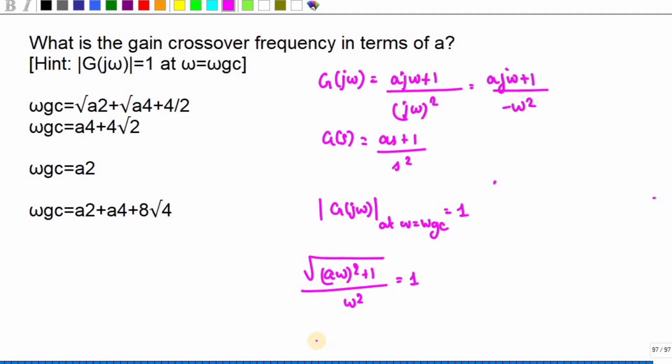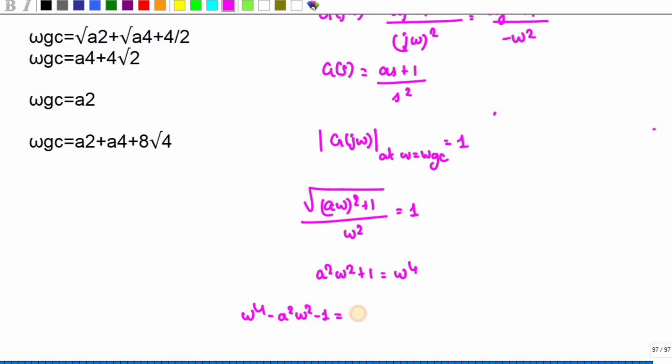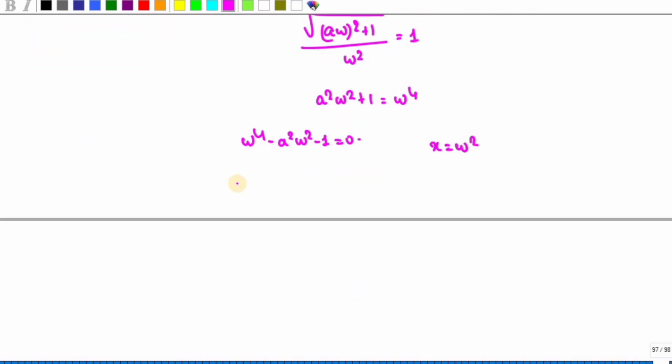So a²ω² + 1 is equal to ω⁴. So ω⁴ − a²ω² − 1 is equal to 0. If I take x equal to ω², I can write x² − a²x − 1 is equal to 0. So here is the formula, right? x is equal to minus b plus or minus root of b² − 4ac divided by 2a.